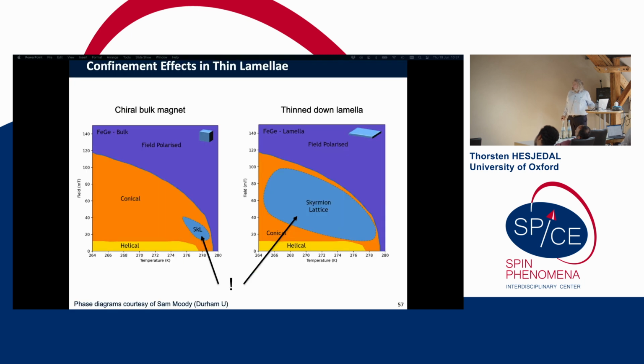Okay, I think just one slide is important to conclude with, without going into more detail: if you work with lamella, and this is true for Lorentz TM but also for X-ray techniques, the skyrmion pocket that is rather small in the bulk material is hugely expanded in lamella.